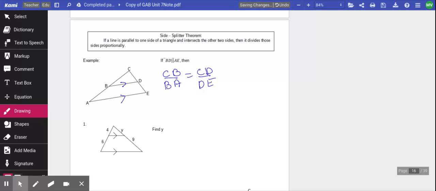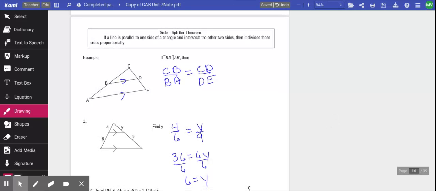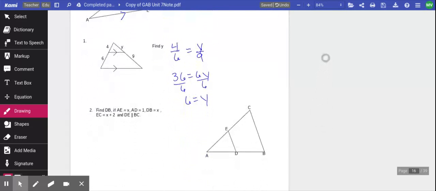So that means for number 1, 4 is to 6 as y is to 9. We cross multiply, 36 equals 6y, divide by 6, and y equals 6. The reason is that it gives us similar triangles, and parts of similar triangles are proportional.